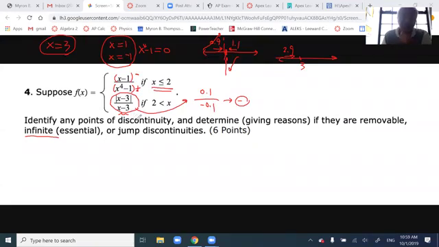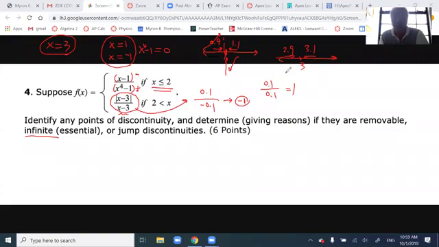So this will be -1. But if you approach 3 from the right side, that's 3.1. 3.1 minus 3 is a positive 0.1, and the bottom one, 3.1 minus 3, is 0.1, so that will be 1.